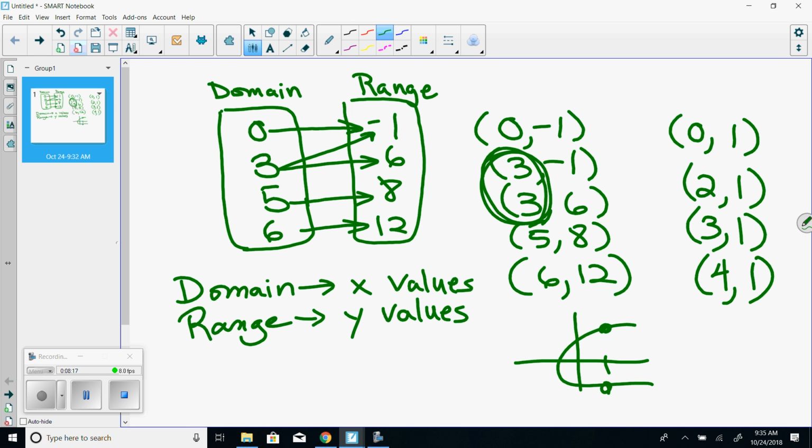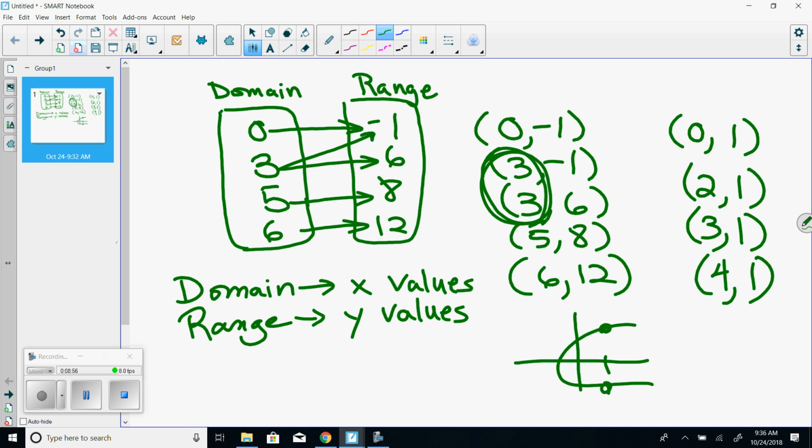Okay? All right. So I want you to look at page 47. Let's look at, first of all, their example with the mapping, the domain and range. Is that a function? Yes, because all the x's are different. If you want to put it like the book puts it, there's only one output for every input.